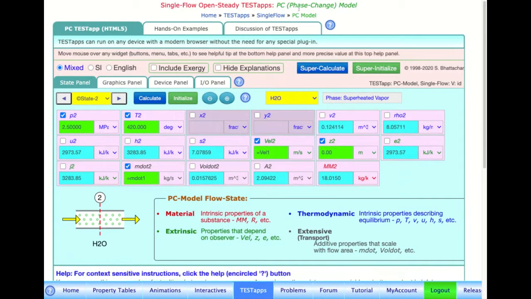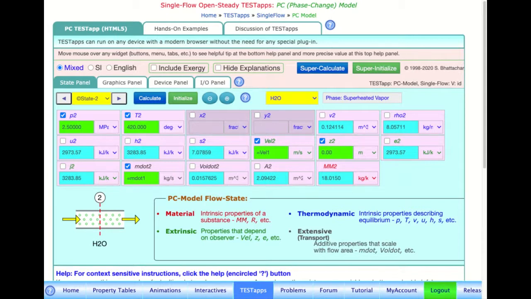And so again, the problem stated that we were looking for the ratio of the exit area to the inlet area to keep the exit velocity equal to the inlet velocity. And so that's key to solving the problem, as is the fact that it's steady, which means that the mass flow rate stays the same. And what happened was the pressure and temperature are known.